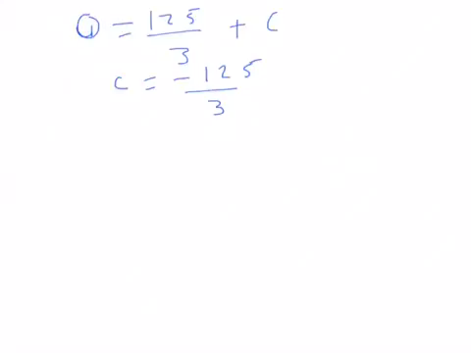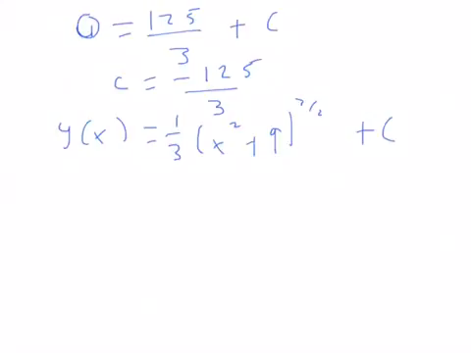So remember our first equation was y of x. The first thing we found was the general solution. We had y of x equals 1/3 times x squared plus 9 to the 3/2 plus c. And then we found that initial condition where c is equal to -125 over 3.